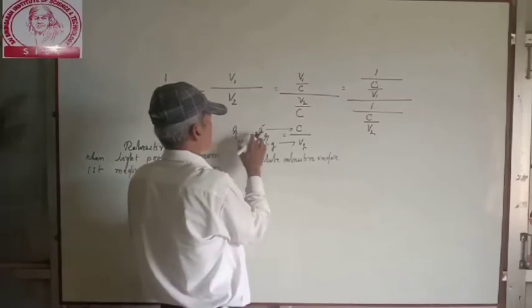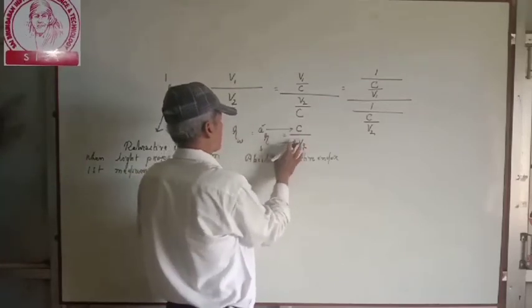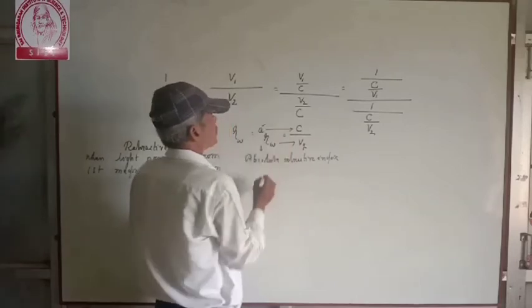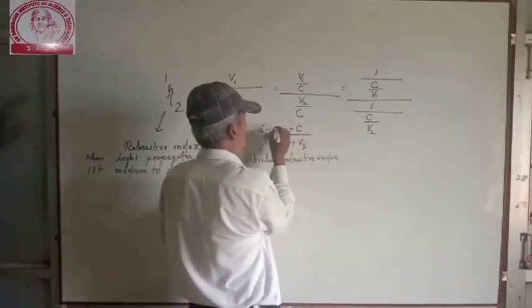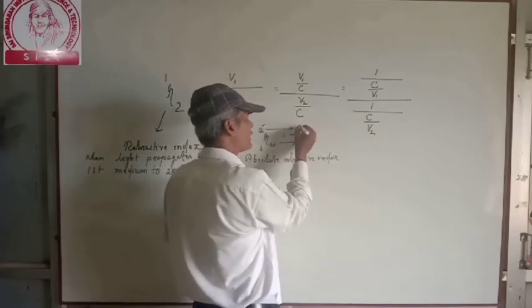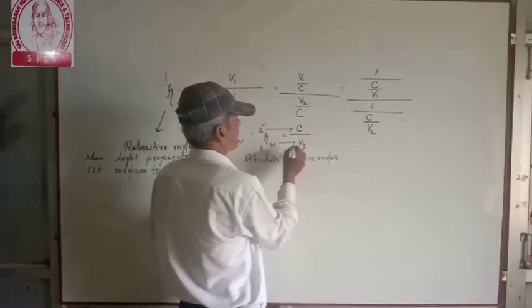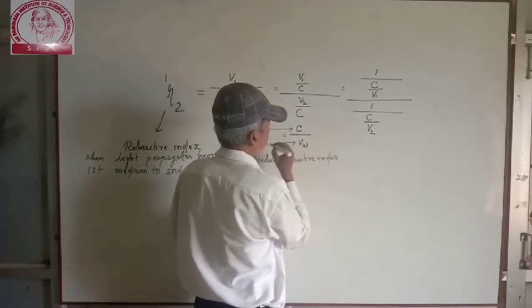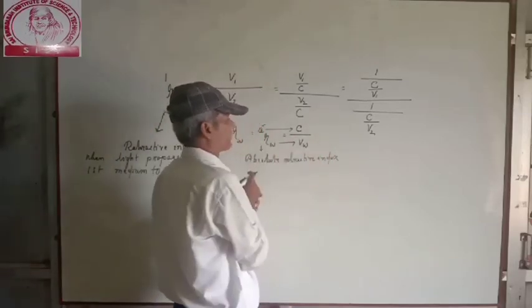So now this is A mu W. Here I have to write velocity of light in air, C, then VW, the velocity of light in water.